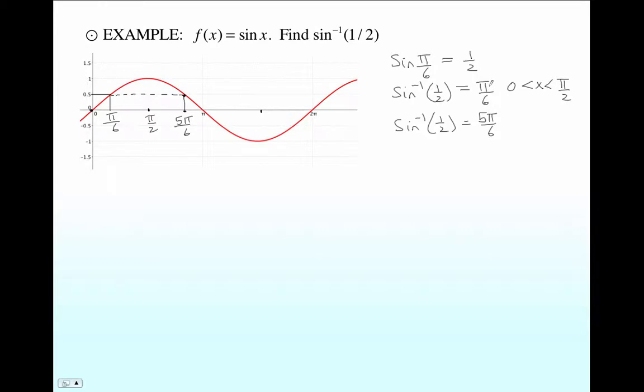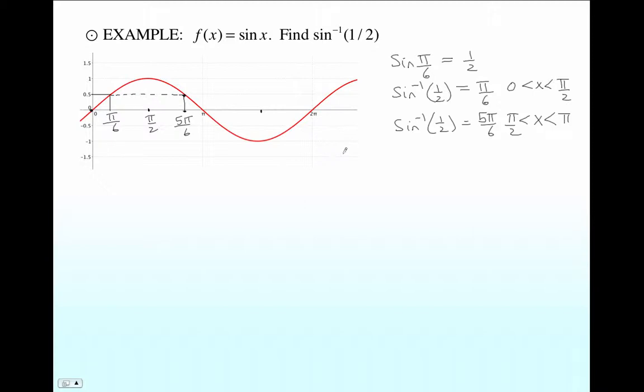Now, this answer is correct provided x is limited to being less than pi and greater than pi by 2, and so forth. So the important thing is that there is no unique value of the inverse.